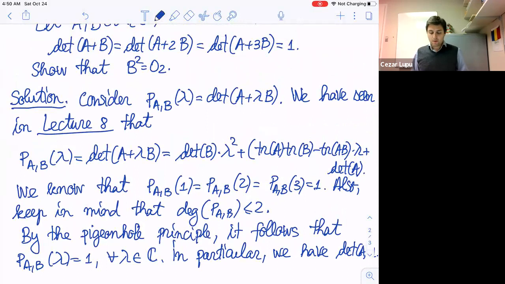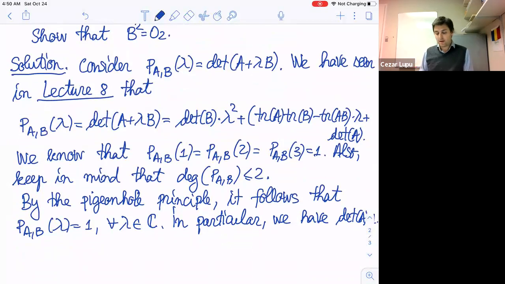And now we would like to see how we can deduce B squared equals the identity. So maybe this would ring a bell. Well, if we prove that the determinant of B is 0 and the trace of B is 0, then by Cayley-Hamilton, we're done, right? So this is what we have in mind.